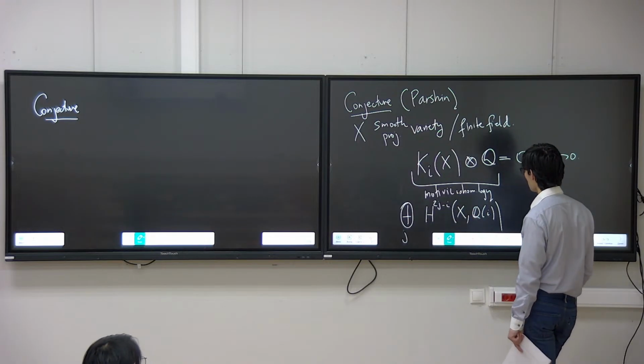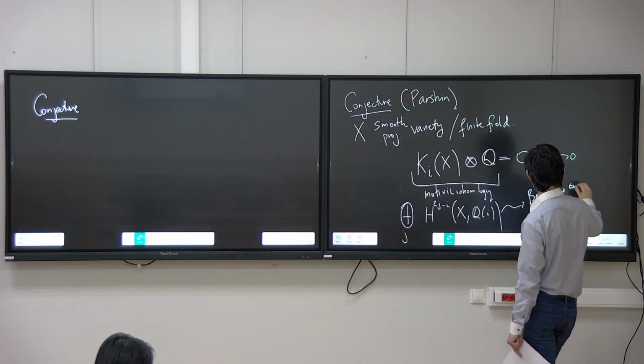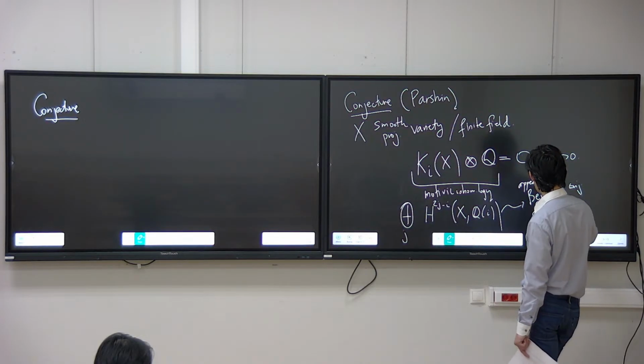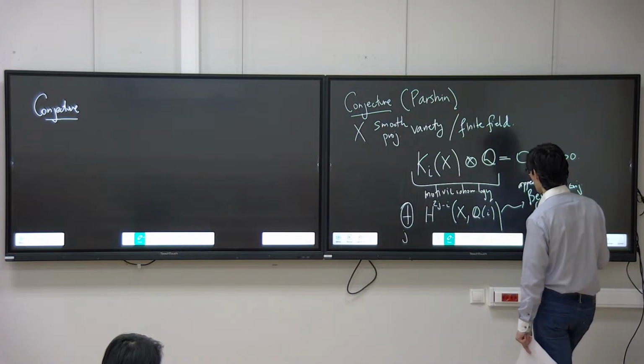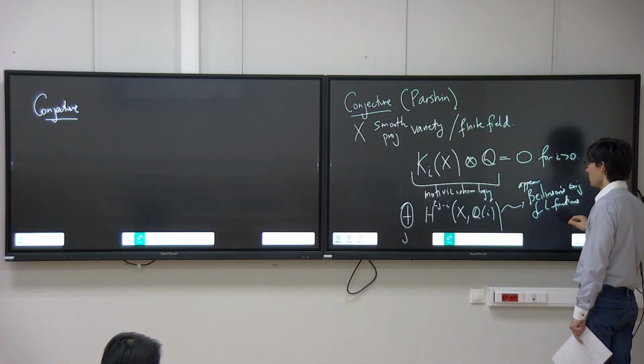Okay, I'm not sure, but maybe these motivic cohomology groups surely appear in Beilinson's conjecture for L-functions. So maybe you expect some leading term to be 0.